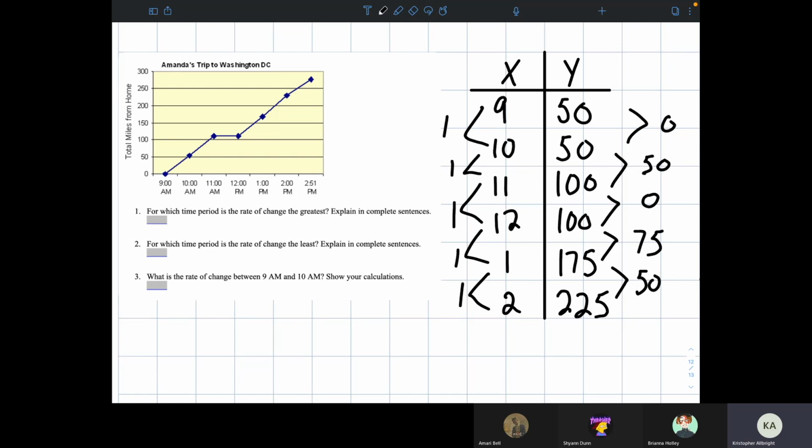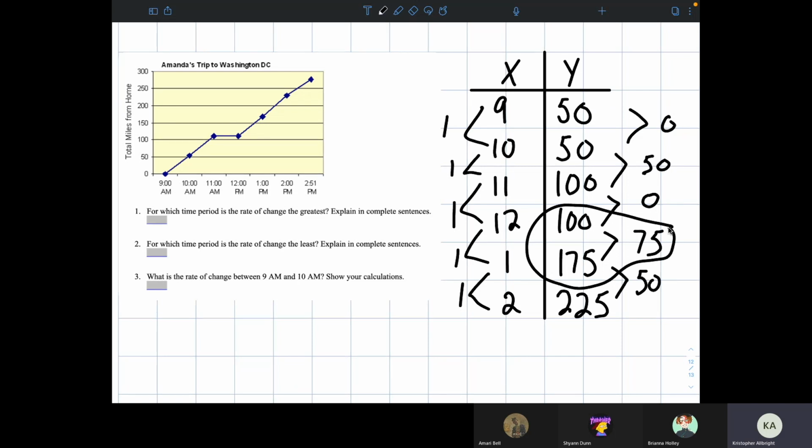Now that we have that, we know a little bit more about how far she was going, and we can do better than this. We know that this is where she changed the greatest, because this number is the biggest.